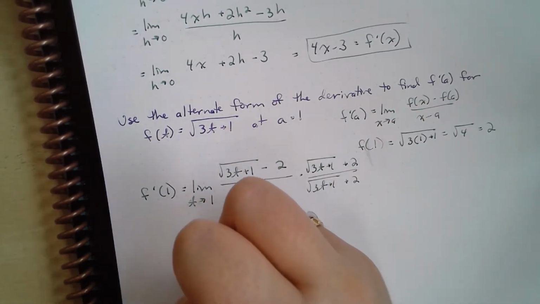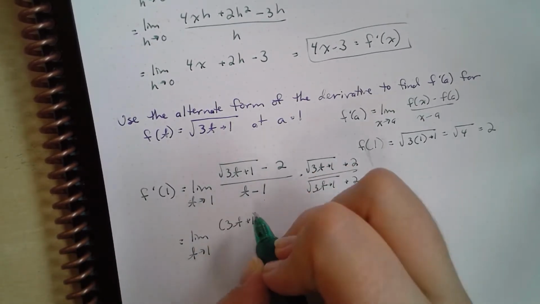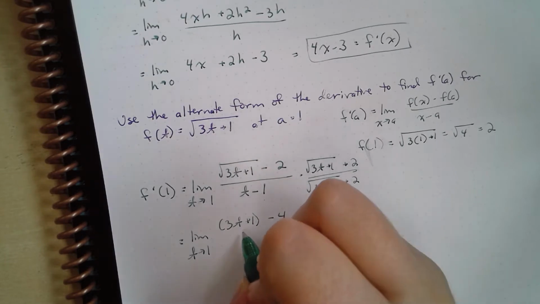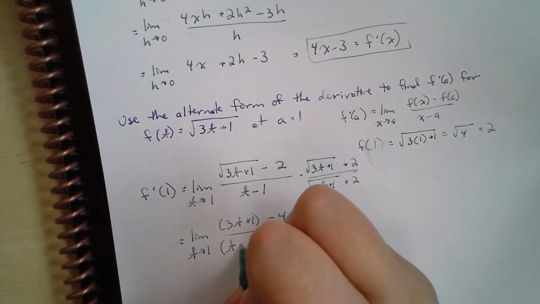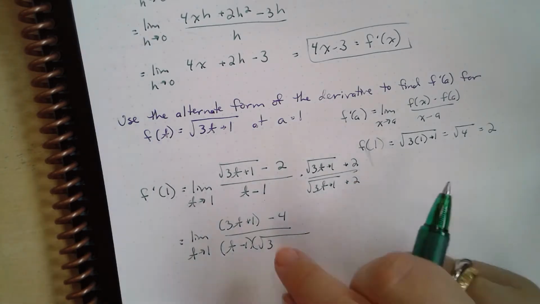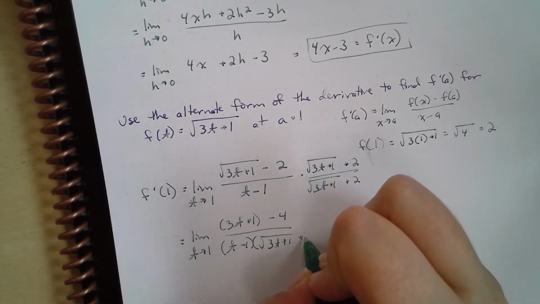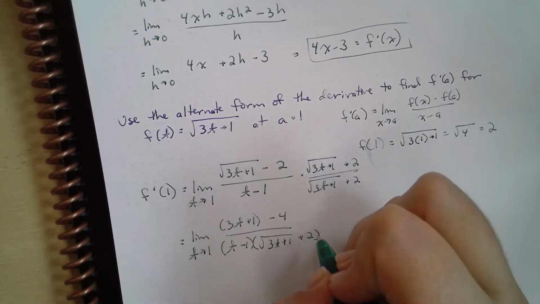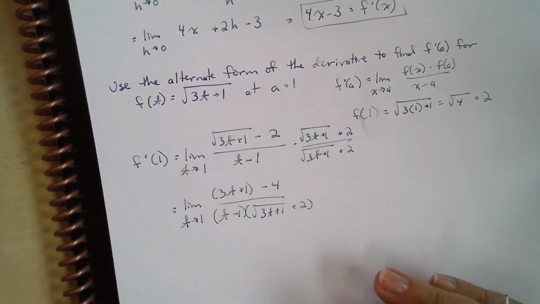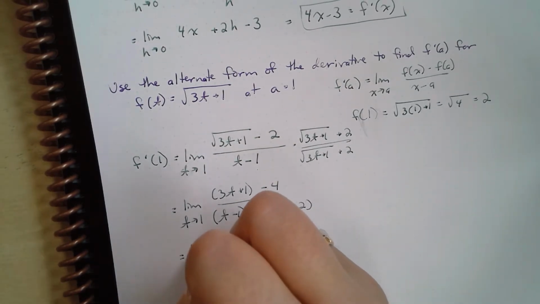So now I have the limit as t approaches 1 of 3t plus 1 minus 4 over t minus 1 times the square root of 3t plus 1 plus 2. All right, so far so good. And I can rewrite this.